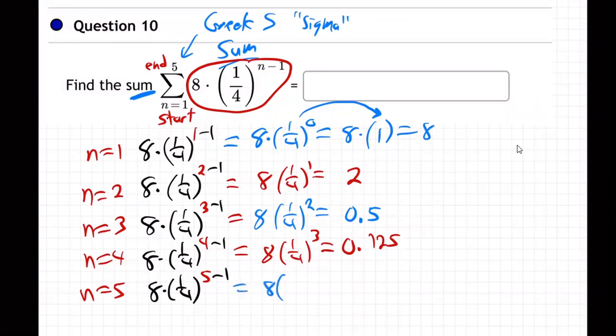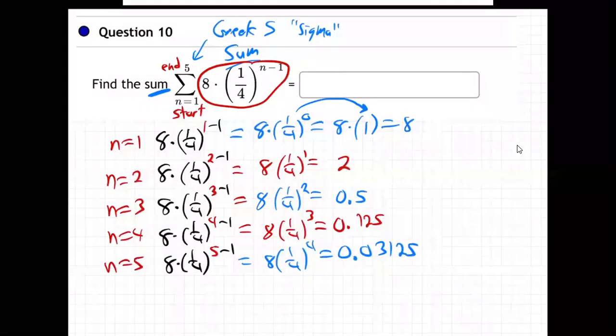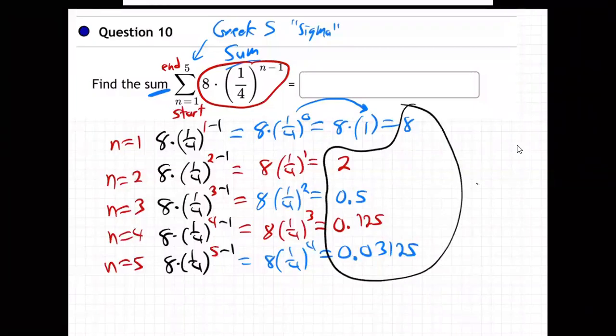And then one more. We'll take 8 times 1/4 to the 4th. And I'm getting 0.03125. Okay, so I just plugged in 1, 2, 3, 4, 5, and then what do we do? We take all these guys, add them, right?